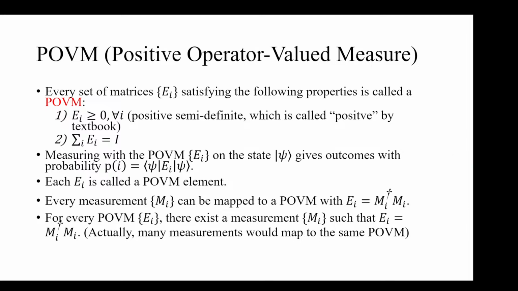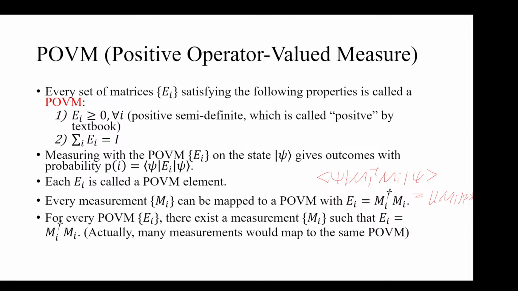It's easy to check that this is a PSD operator, because you want this thing sandwiched between any psi to be greater than or equal to 0. And you see that this thing is equal to just the norm squared of M_i psi.